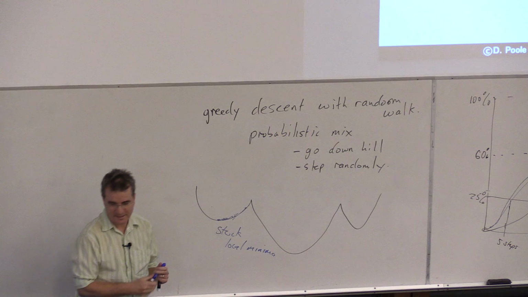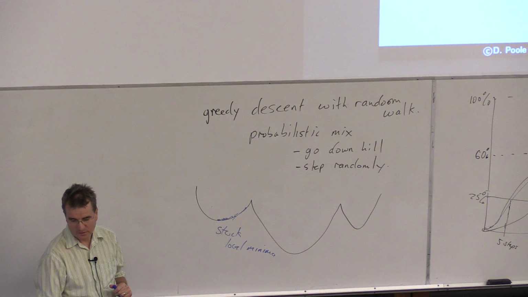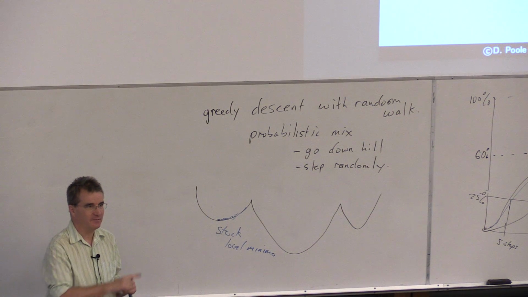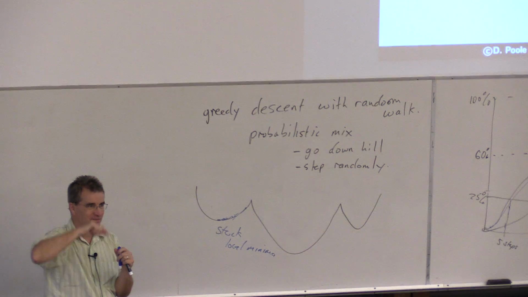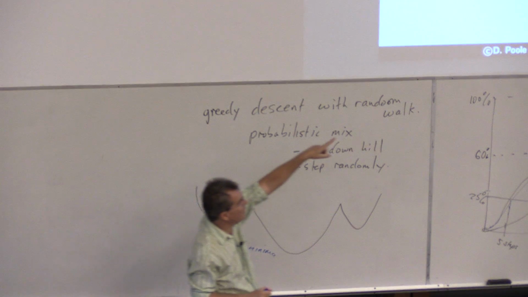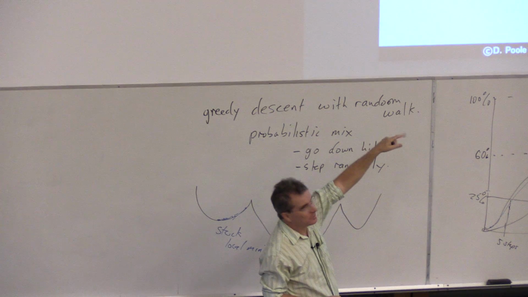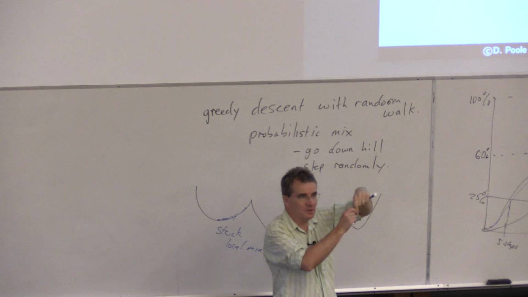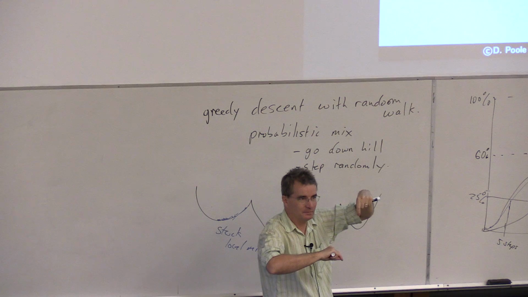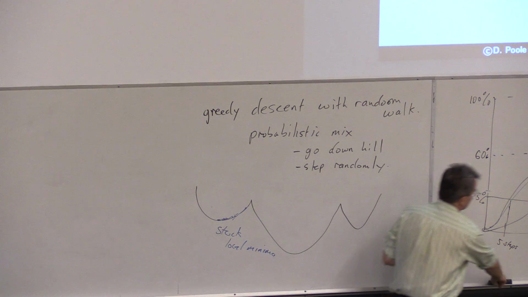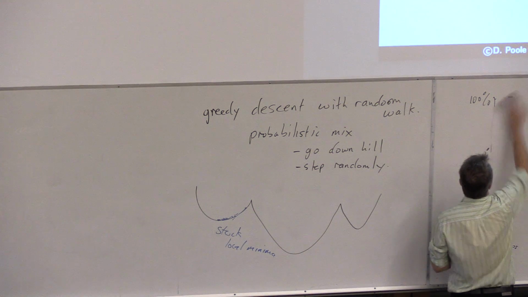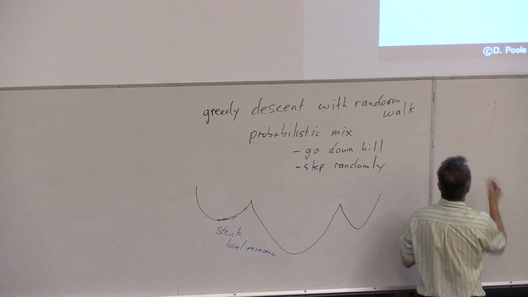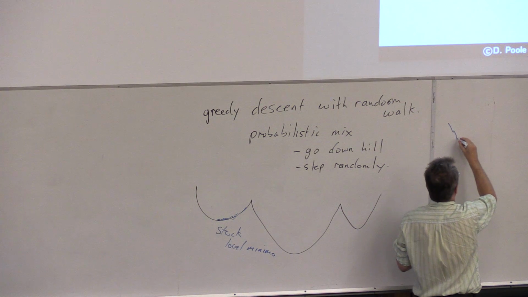What about the one on the right? Well, if you're in one of these local minima, it doesn't take very many random steps to get out of it. So for this one on the right, this algorithm tends to escape those local minima. The local minima take very few steps to get out of them, so it tends to work well.